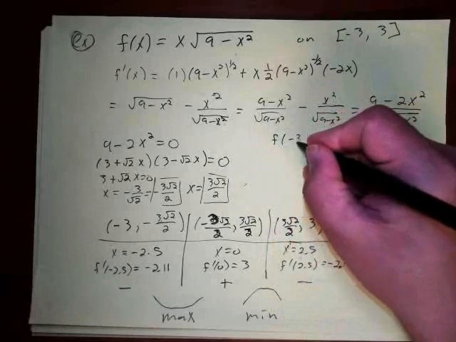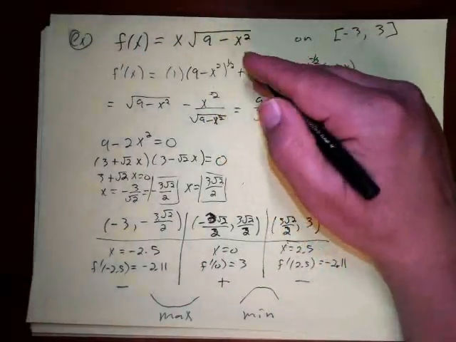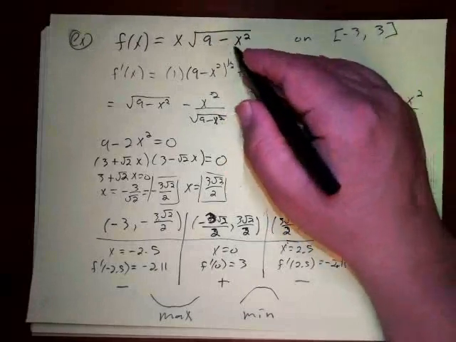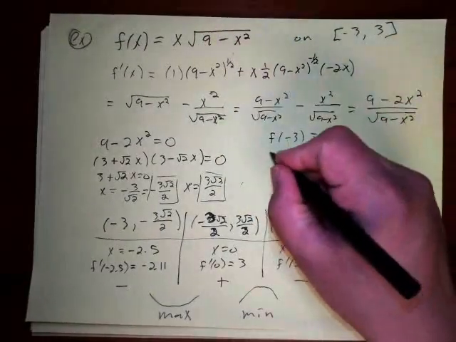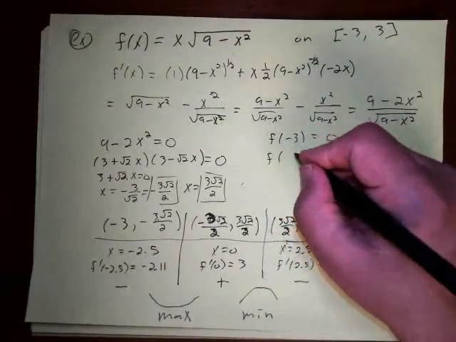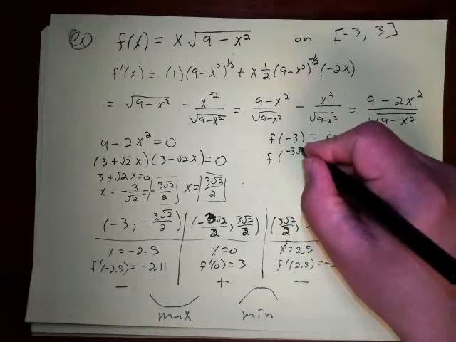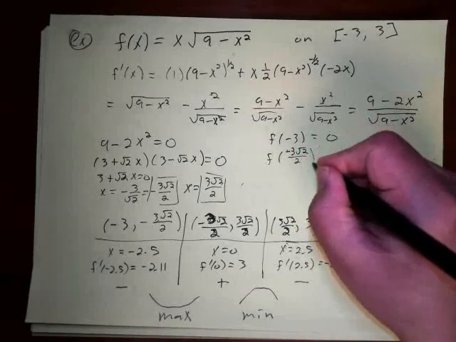So I'm going to check f at negative 3. Now I'm plugging them back into the function to see which one's biggest. Well, for this one you get 0, right? And then f of negative 3 square root of 2 over 2.